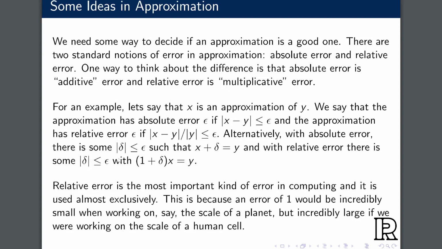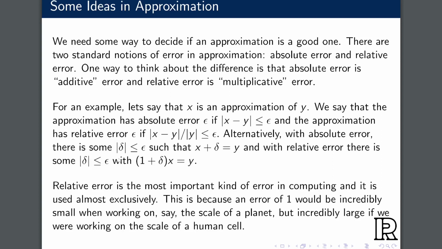If we're off by 1, that's not really going to affect our computation. If we're doing a computation where numbers are on the order of 1, 2, or 3, an error of 1 is astronomical, right? If your number is 1 and you have an error of 1, your entire number is basically error. So relative error deals with this problem.